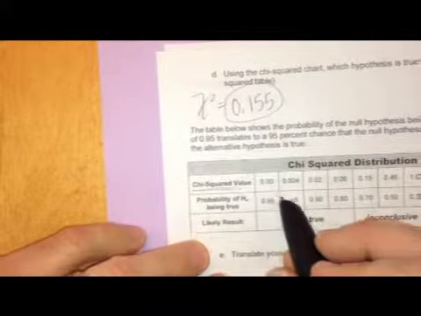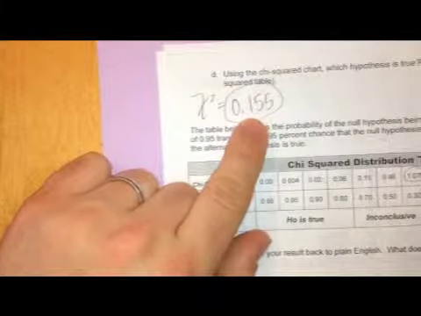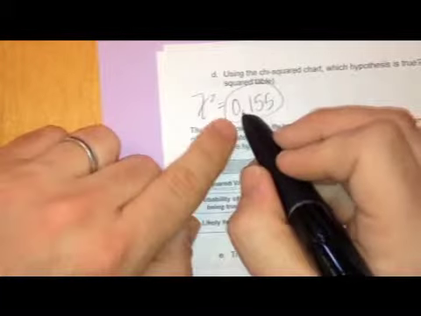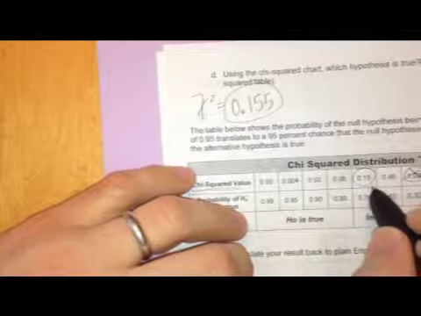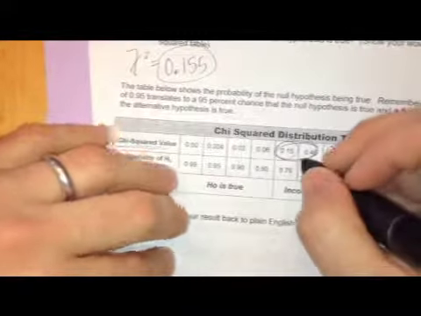I go across until I find two numbers, one that's below, one that's above my chi number. Oops, not again. Watch your decimal point. It's 0.155. That's very close to 0.15, but it's in between these two right here, 0.15 and 0.46.